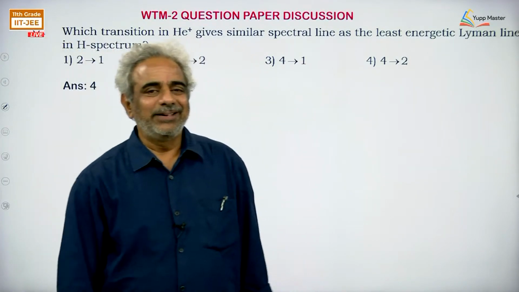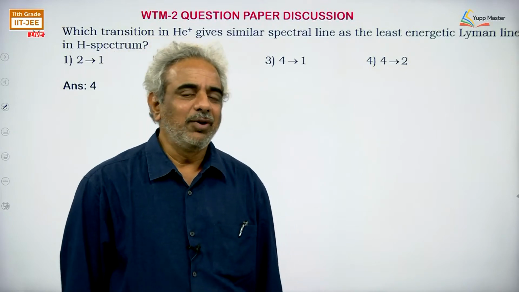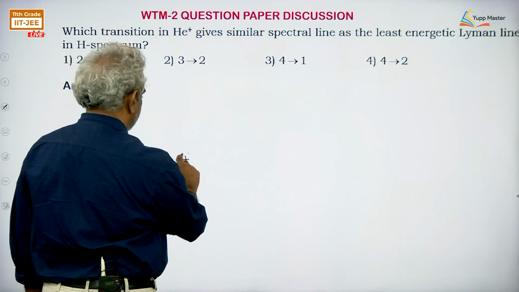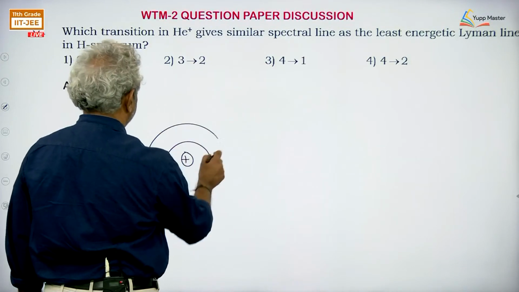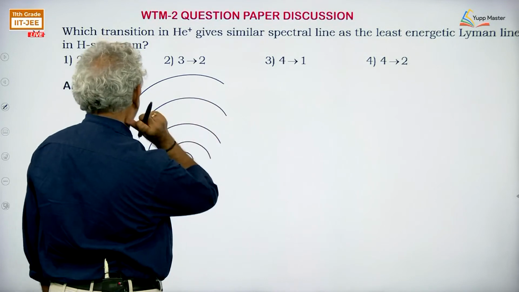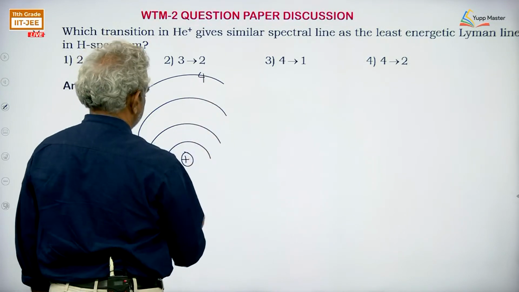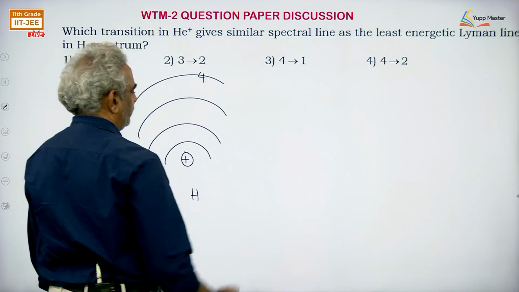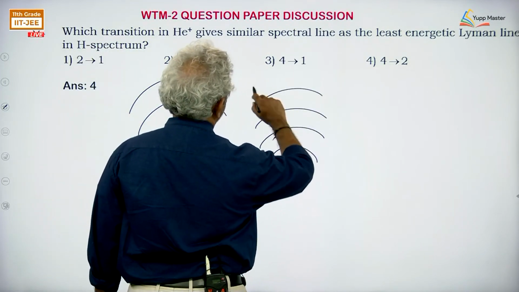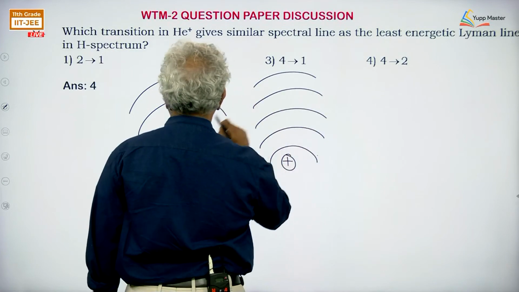Suppose I say at this particular juncture I have got some thought. Suppose I have got an electron in the 4th orbit in hydrogen and an electron in the 4th orbit in helium plus, 1, 2, 3, 4.